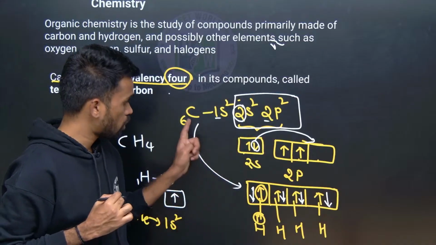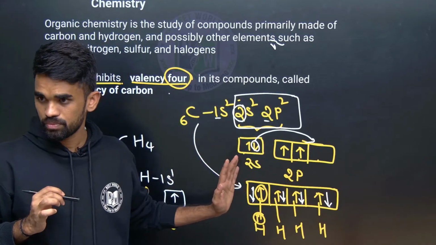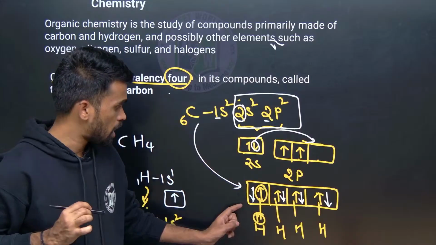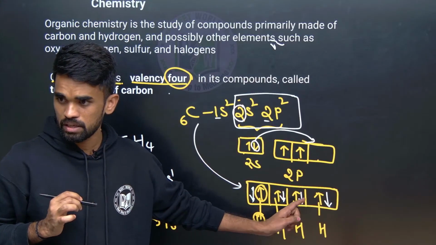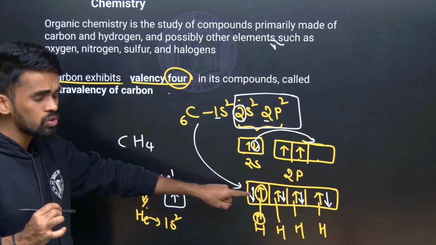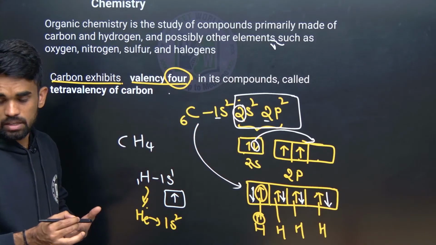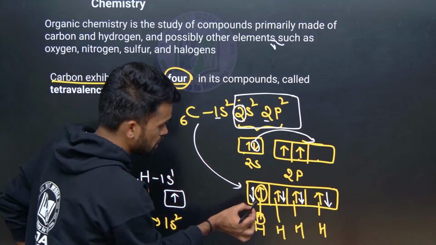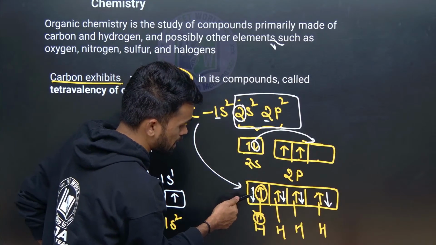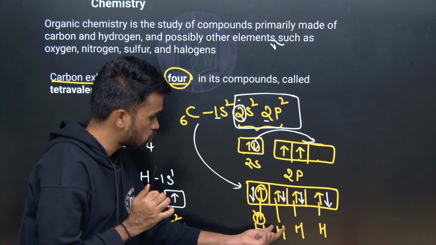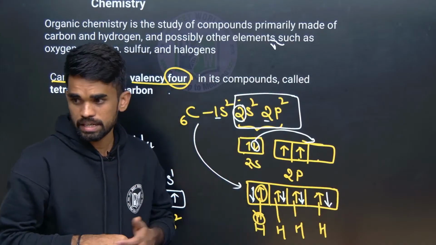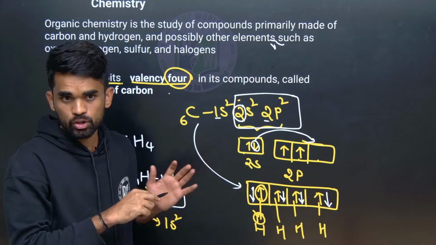So carbon now becomes an octet configuration. 8 electrons are fulfilled, so all the orbitals are fully filled, right? After forming methane, this carbon is getting stabilized. Similarly, hydrogen also: this electron is from carbon, this white color electron from hydrogen. So each hydrogen also gets 2 electrons in a helium gas configuration. Like that you can understand.